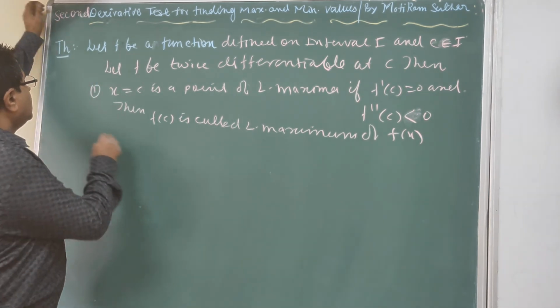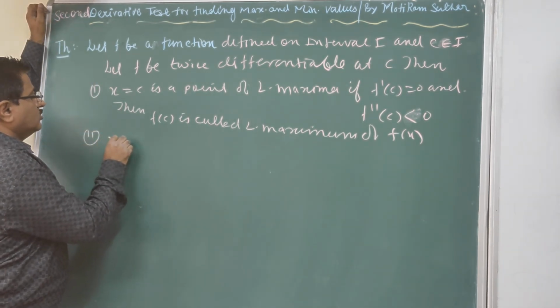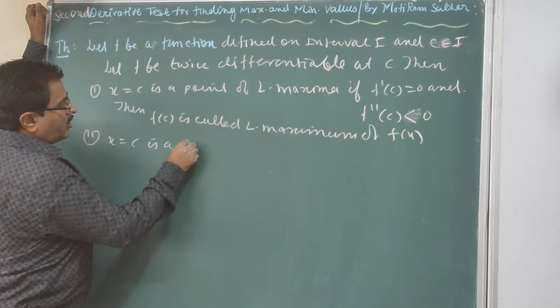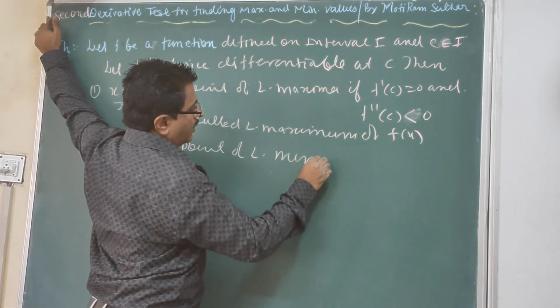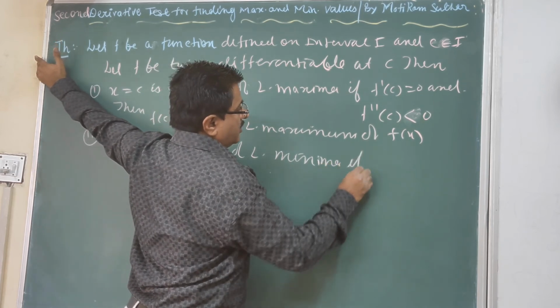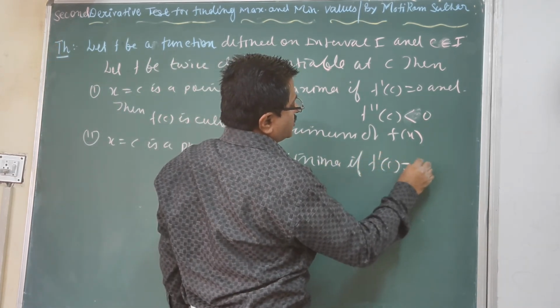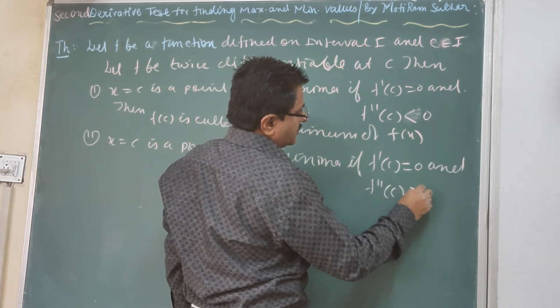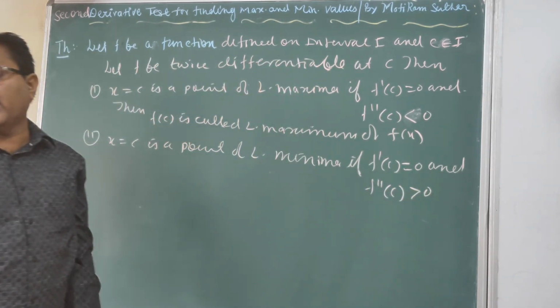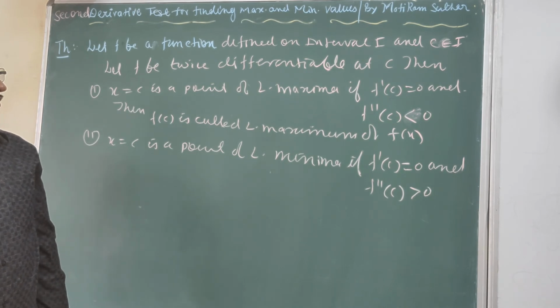Now similarly, x equal to c is a point of local minimum if f dash c equal to 0 and f double dash c is greater than 0, that is, the second derivative at that point is positive.